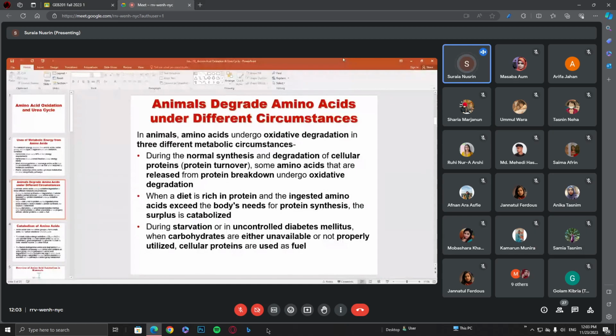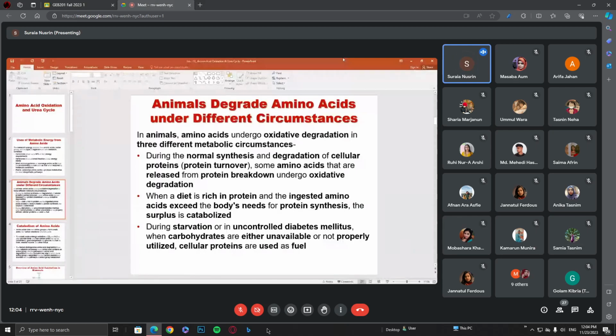Number one, when proteins are synthesized, and sometimes proteins are also degraded. Those are the cellular proteins, and the synthesis and degradation is known as protein turnover. Some amino acids are released, and those amino acids can be oxidized.